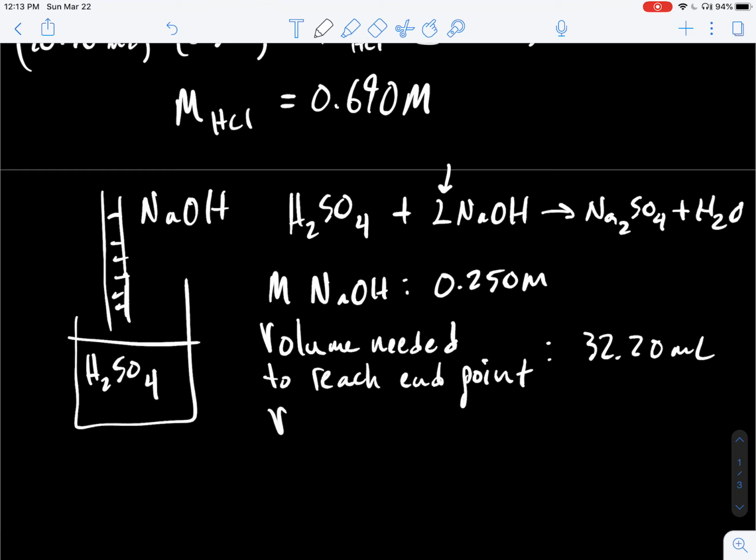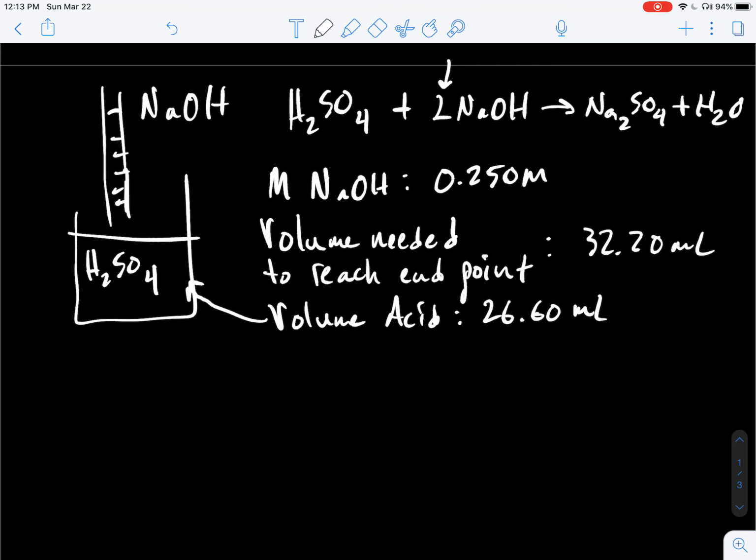And the original volume of the acid over here, we had 26.60 milliliters. Let's say this is our titration problem.